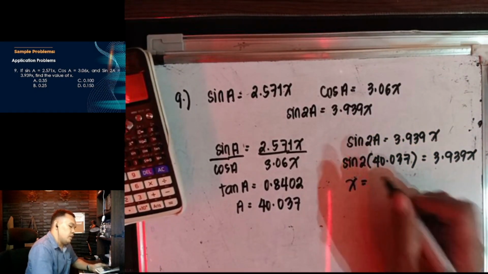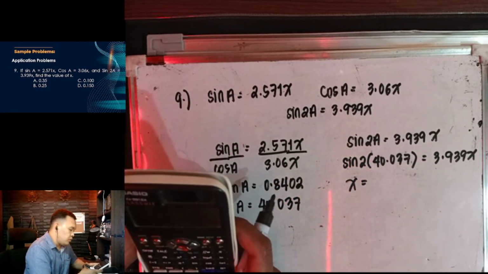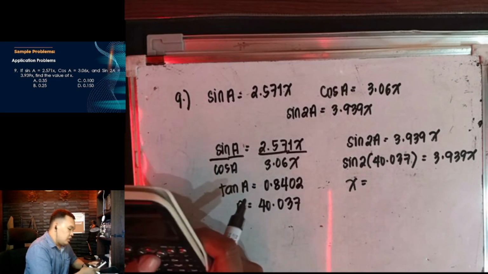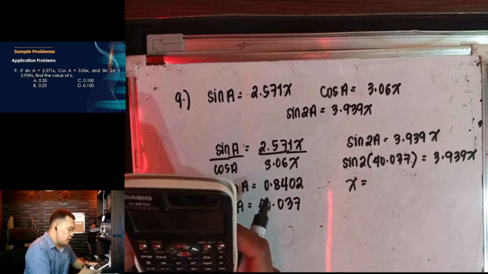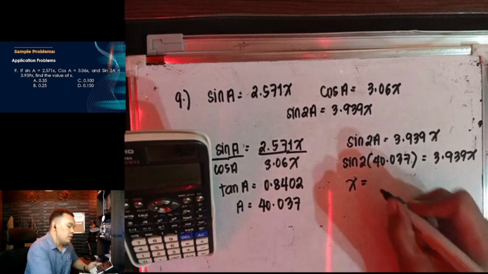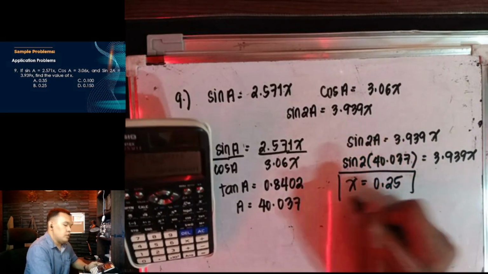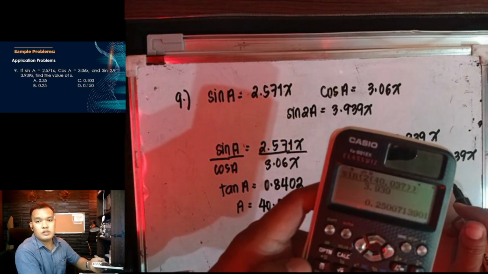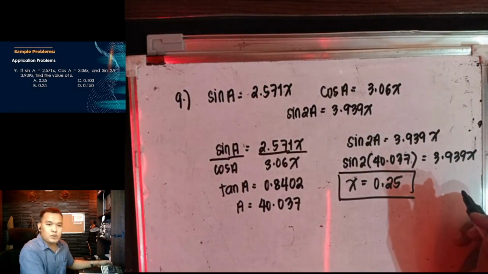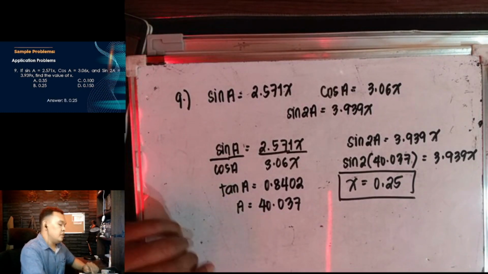Therefore, x is equivalent to sine 2 times 40.037 divided by 3.939. So we have here 0.25. Okay? Yan, sagot is letter B.